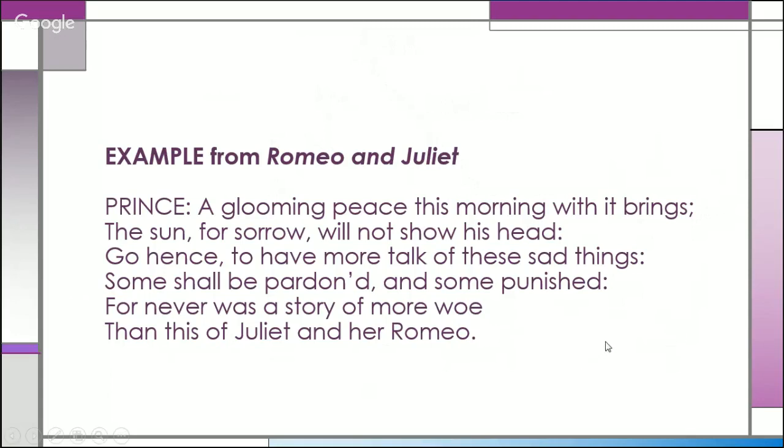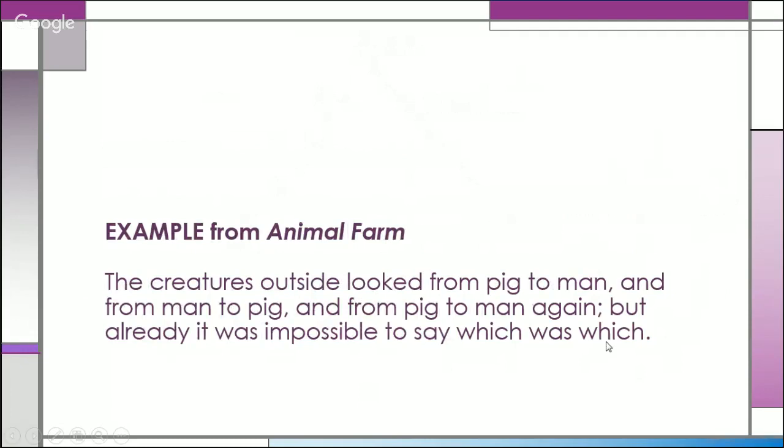One other quick example is from the story Animal Farm. In Animal Farm, essentially what happens is that there's a group of animals that have rebelled against their human masters, their human oppressors. But in the end, what almost happens is that the animals become what they were trying to avoid.